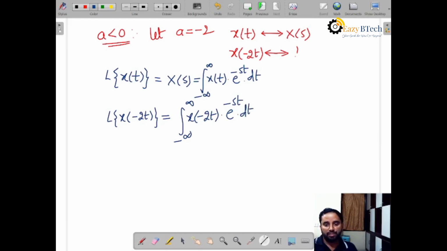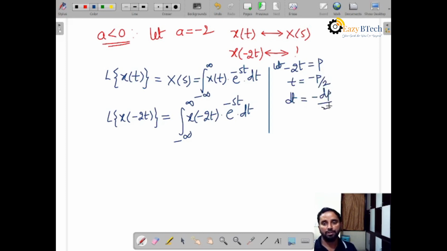In a similar way, as previously, we take this minus 2t as p. Let minus 2t equal p, so t will become minus p by 2, and dt will become minus dp by 2. For the lower and upper limits: the lower limit minus 2 times minus infinity is equal to p, minus into minus is plus, so p will be plus infinity.